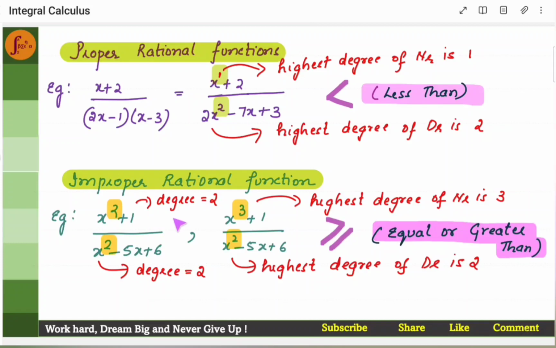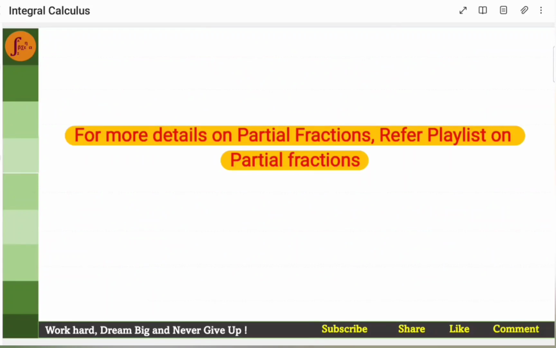So if the numerator degree is equal to or greater than the denominator degree, then we call this an improper rational function. If you need more details on partial fractions, there is a detailed video on the concepts and multiple problems.